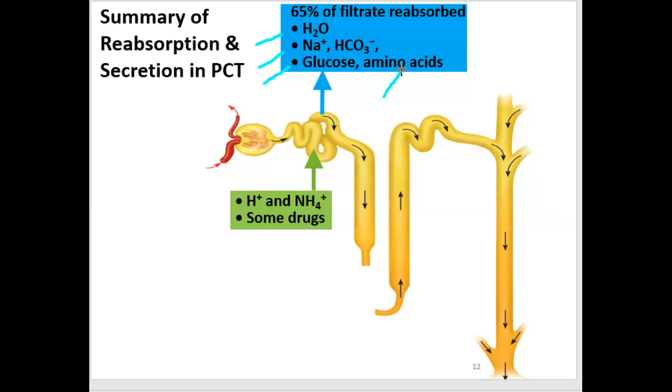And I didn't mention this, but this is another place where we can deal with acid-base balance, and that's by reabsorbing bicarbonate, which is a base. Substances that are secreted at the proximal convoluted tubule that we really care about are acids, so hydrogen ion concentrations. Next we'll look at the loop of Henle.